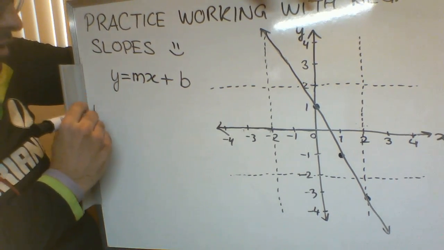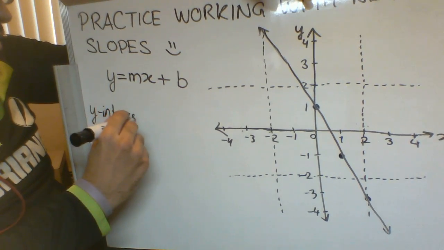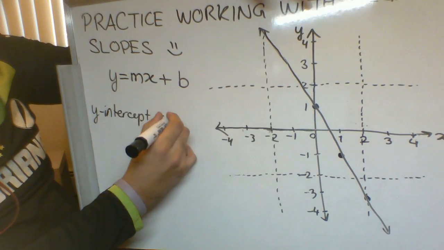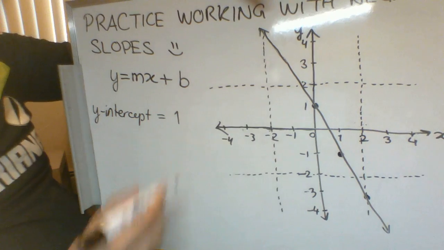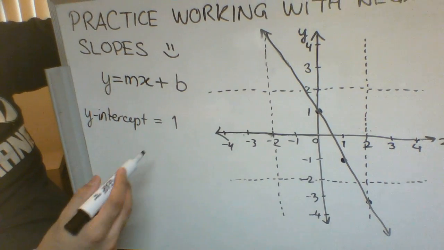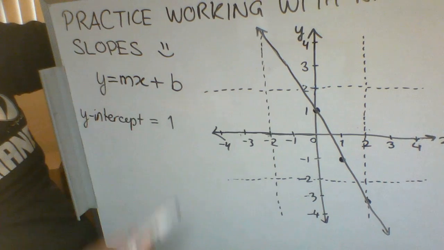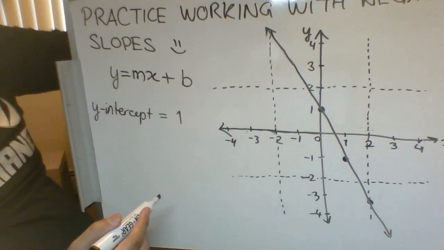So in this case, your y-intercept would be right where the line passes through the y-axis, which in this case is 1. So that's right at the point 0, 1. So your y-intercept is going to be 1. The 0 is just telling us we didn't move in x, so that tells us that we stayed on the y-axis, and then we moved up 1 unit, so there's our y-intercept.